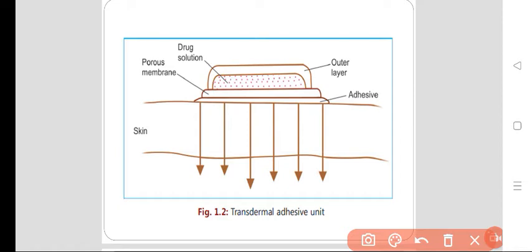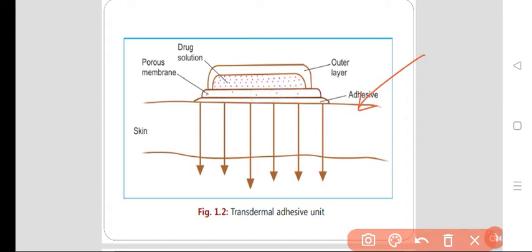Below that porous membrane, there is an adhesive unit, the inner membrane. This adhesive unit is going to adhere, to stick on your skin.